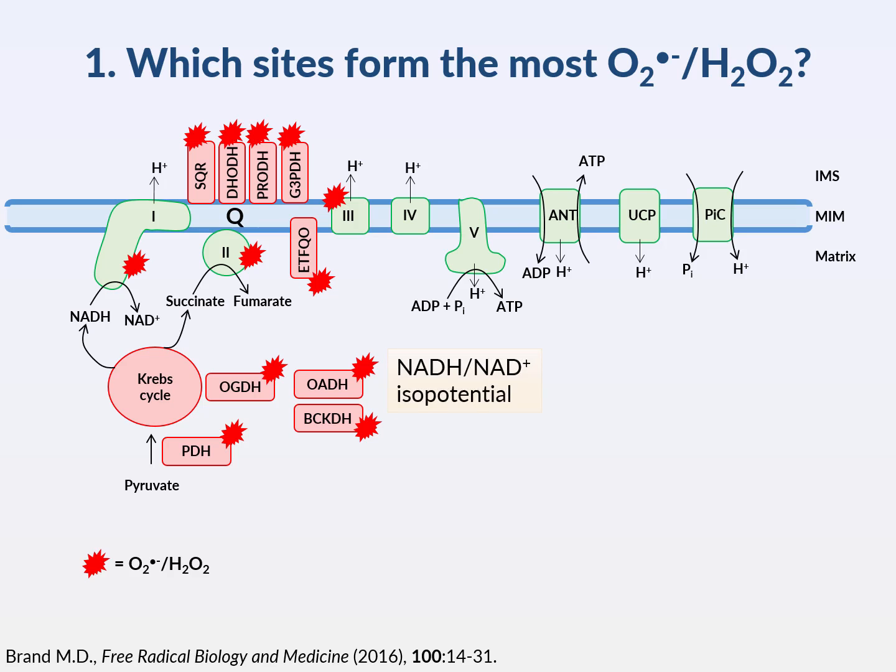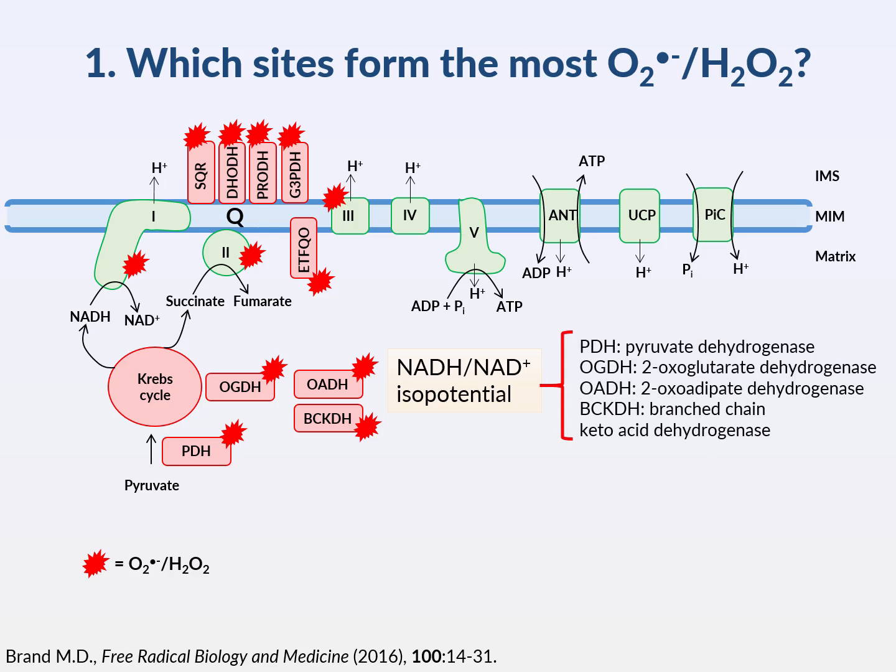The first group is the NADH/NAD+ isopotential group. These are enzymes that are associated with keto acid metabolism and are also associated with NADH production. Within this group, we have pyruvate dehydrogenase, 2-oxoglutarate dehydrogenase, 2-oxoadipate dehydrogenase, and the branched chain keto acid dehydrogenase.